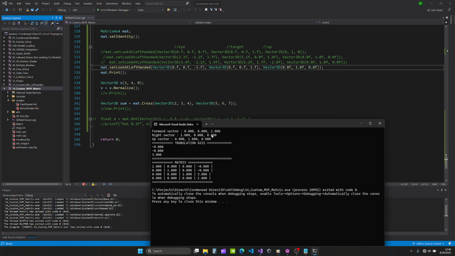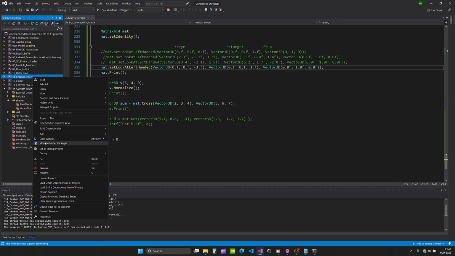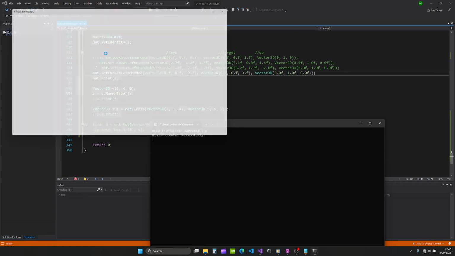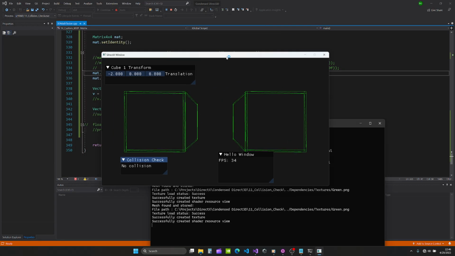So for example, the forward vector of 1 on the Z makes sense. Just as a demonstration, this scene here uses DirectX Math, whereas the project that was just being looked at uses a custom 3D math library just for matrices and vector 3s.